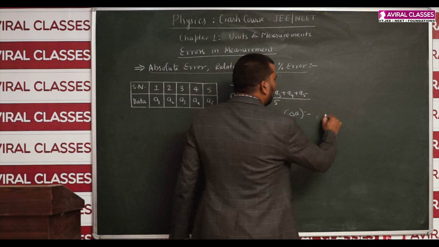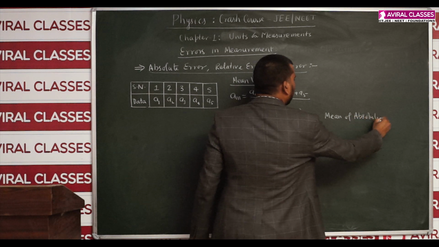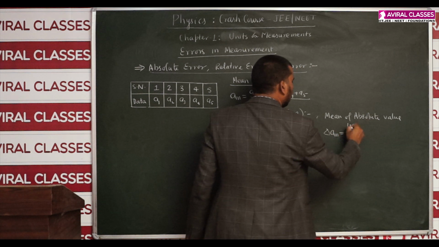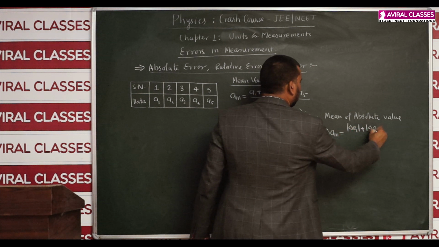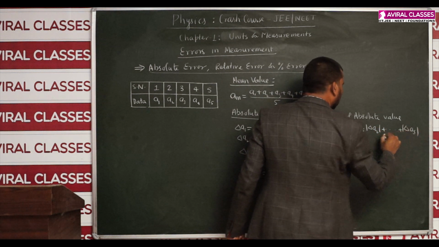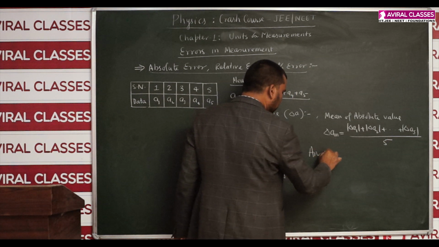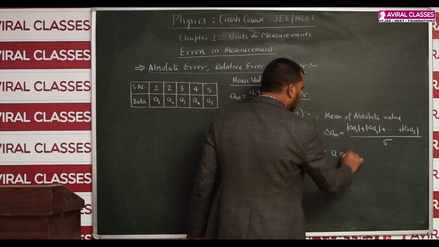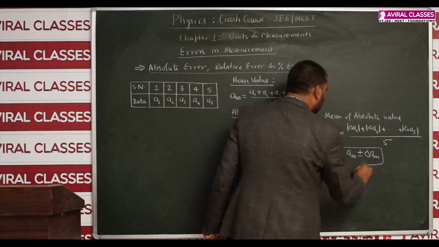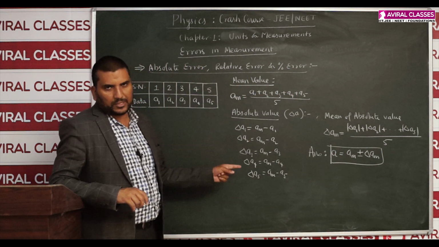Now the mean of the absolute errors is delta A mean, and the final answer is A equal to A mean plus minus delta A mean. This will be the result of your experiment.